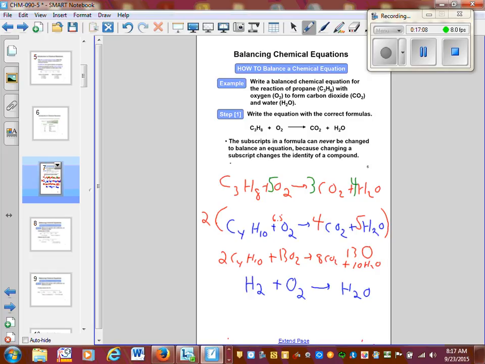What do I have to put where? 2 in front of what? Here or here? So I put a 2 here, so now the oxygen's balanced. Now the hydrogens don't balance, so what do I have to do? Put a 2 here. So now it's balanced. What this tells me is, if I want to make water, I have to take 2 molecules of hydrogen, 1 molecule of oxygen, and get 2 molecules of water. I cannot put it together to give me 1 molecule of water.